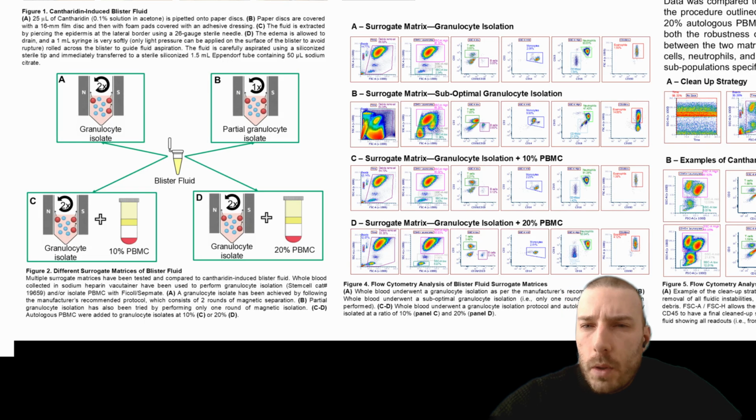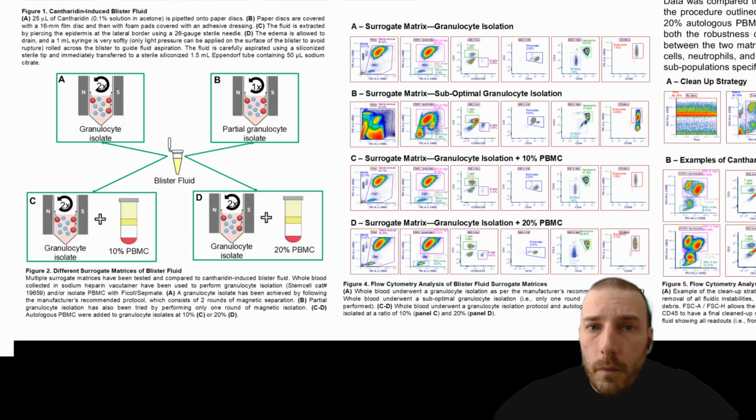To retain a certain lymphocyte content, we tried only partially using the granulocyte isolation kit, meaning only doing one round of isolation compared to the two rounds recommended by the manufacturer.